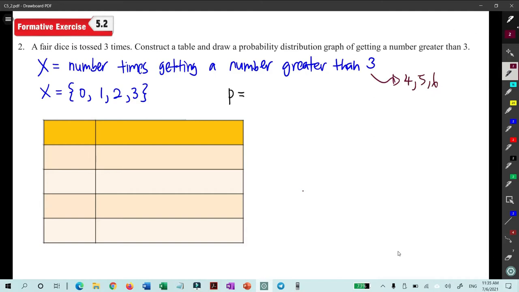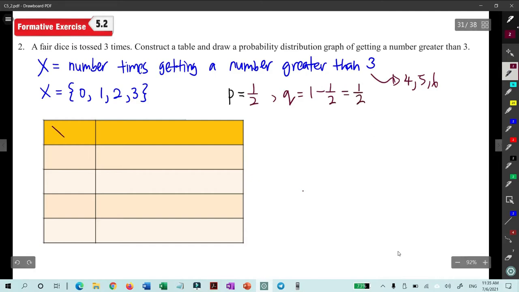For a fair dice, we have 6 numbers: 1, 2, 3, 4, 5, 6. Out of these 6 numbers, 3 numbers are greater than 3. So the probability of getting a number greater than 3 is 1 over 2. And then q is 1 minus 1 over 2, which is also 1 over 2.